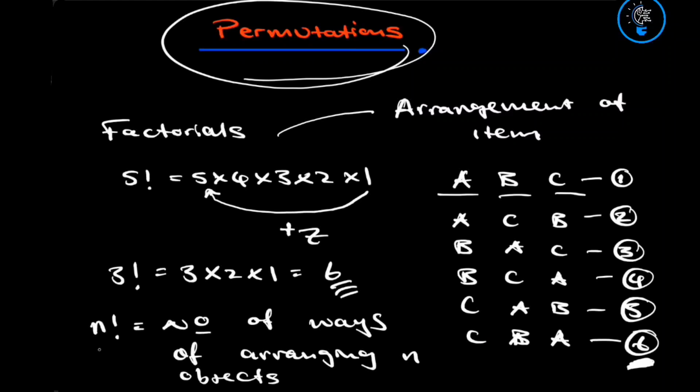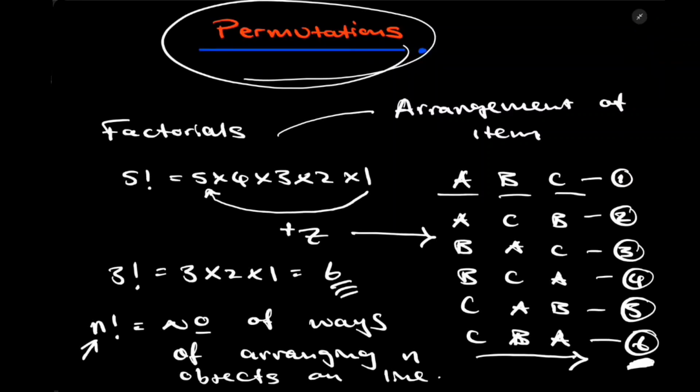In this case, we imagine that the number of objects given is n. So it's the number of ways of arranging n objects on a line. I need to specify that we are arranging these things on a line. The other way of arranging things is in a circle, and we are going to tackle that one in a different video. Meantime, let's focus on arranging them in a row or in a line. So that's what we mean when we say factorial.